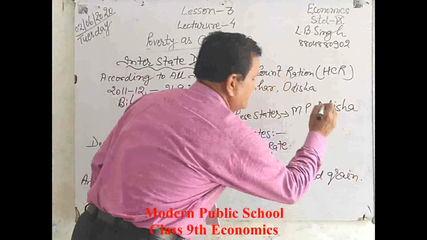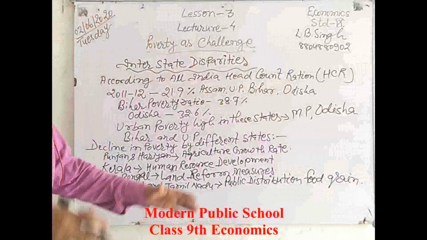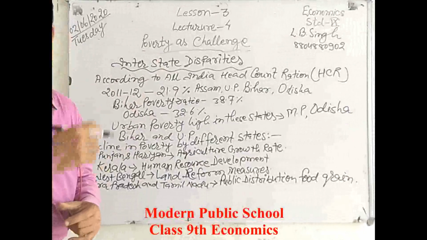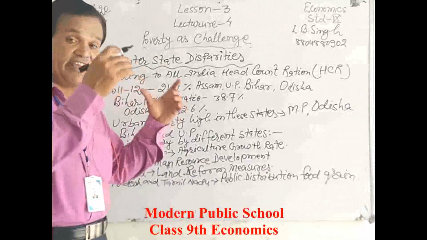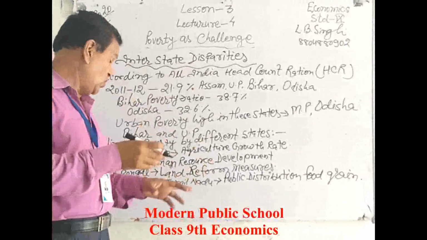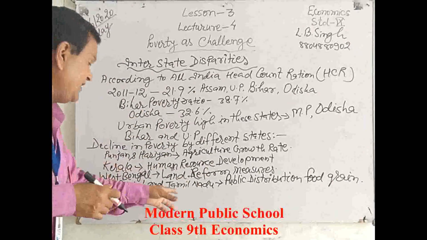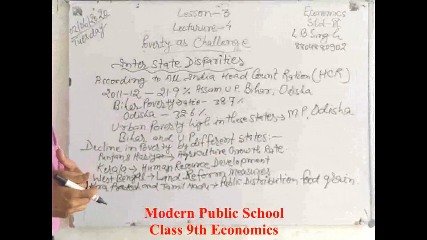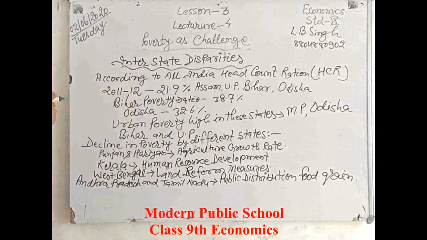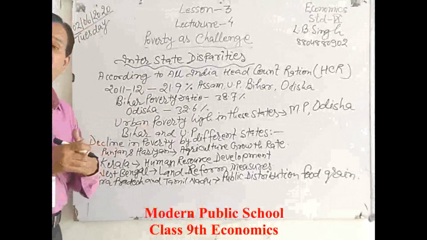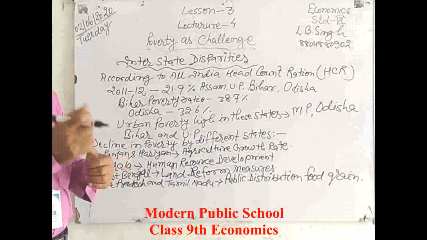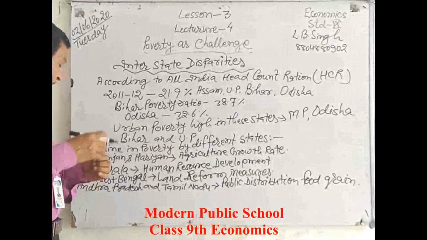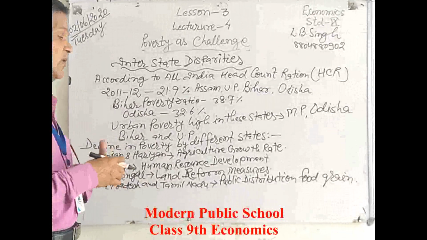That means, do you know this thing? The staple, the important thing for the survival of people, is grain, food grain. So the Andhra Pradesh government and the Tamil Nadu government are distributing their food grain equally among their citizens. So this way, Andhra Pradesh and Tamil Nadu have declined their poverty.